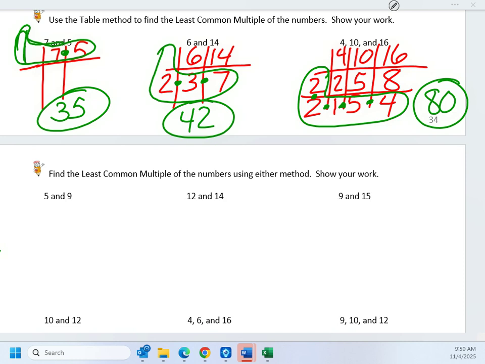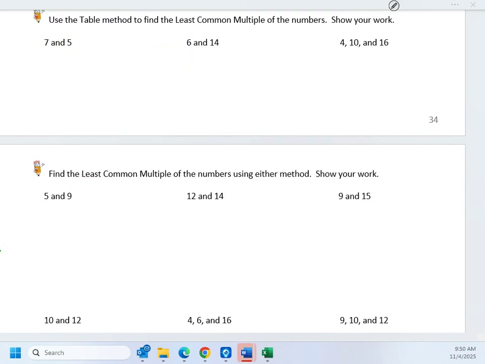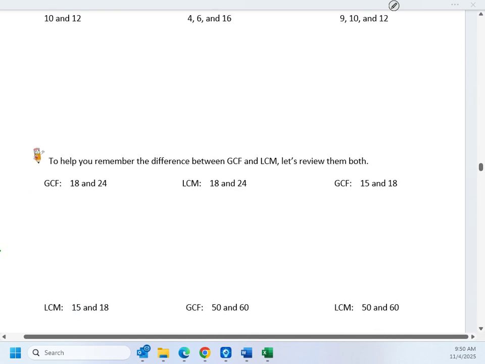Let's look at our next page. And you're going to help me work through one of them. Let's look at our last one, 9, 10, and 12.